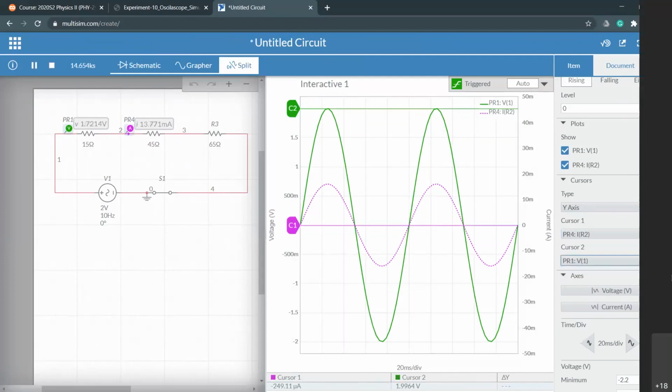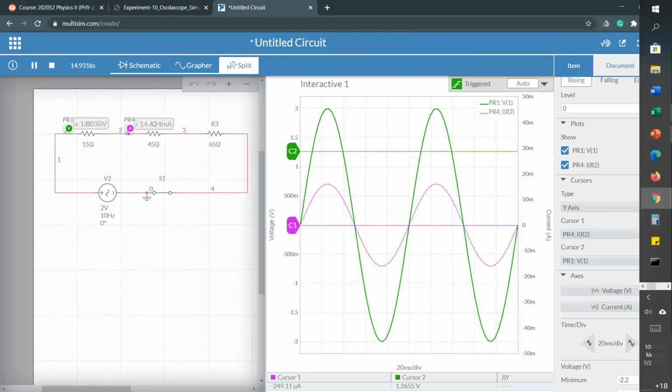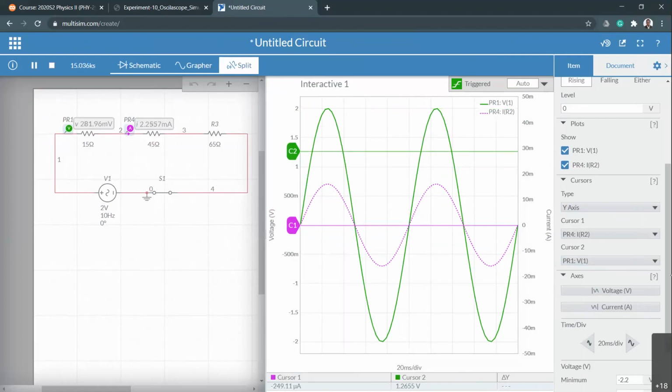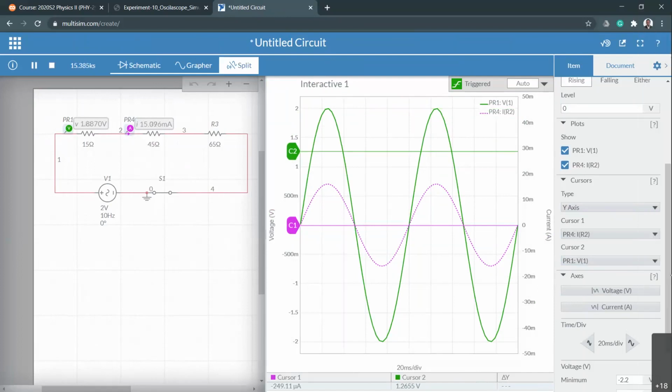Let's see why the color is not changing. Yeah, so the simulator, for some reason, becomes a little bit slower in response. Depending on your computer, sometimes it can get stuck. Sometimes you have to refresh the whole web browser.